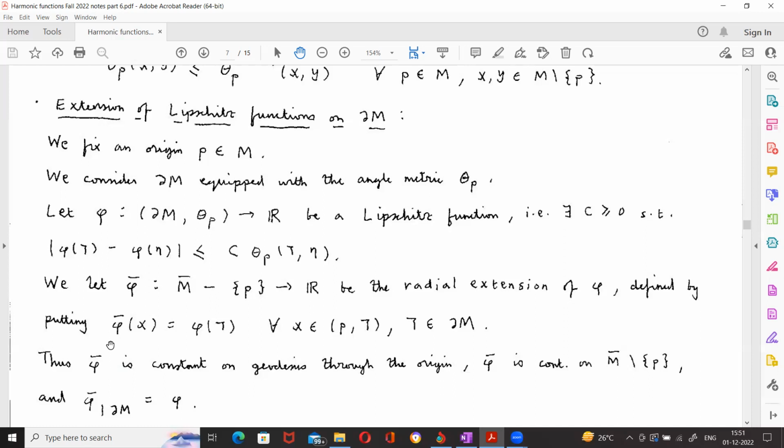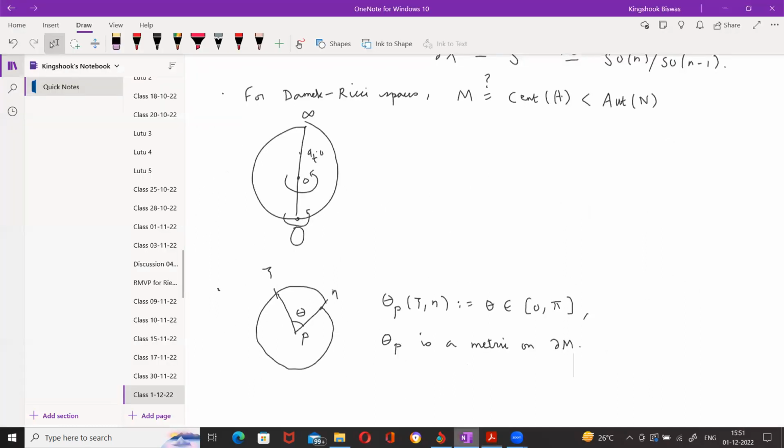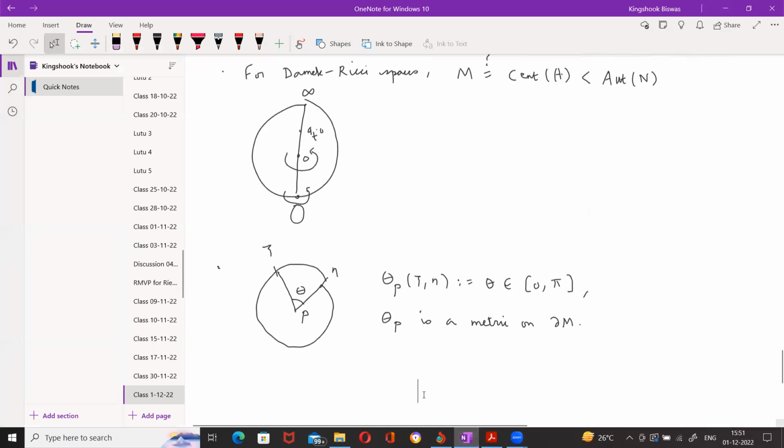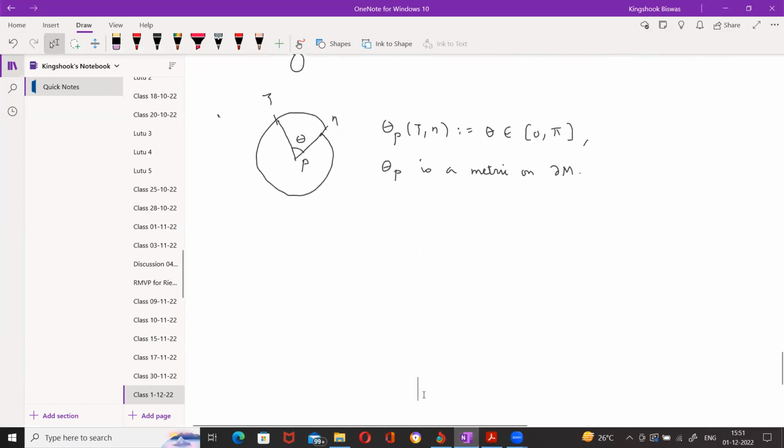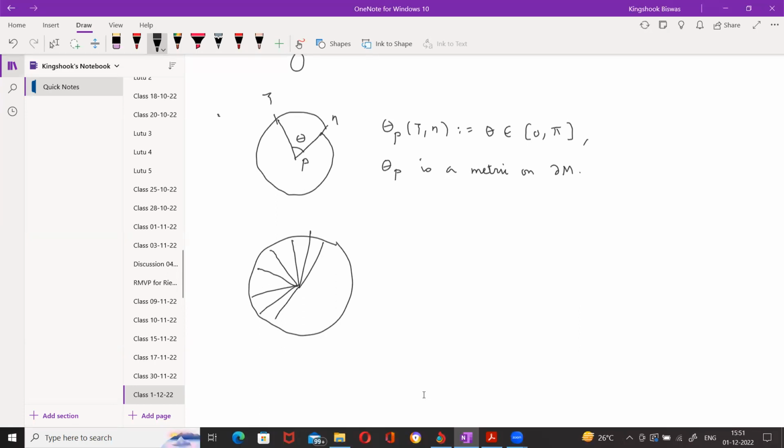That means you join all points on the boundary to the origin P by geodesics, and you define phi bar to be constant, equal to phi, on each of these geodesics.